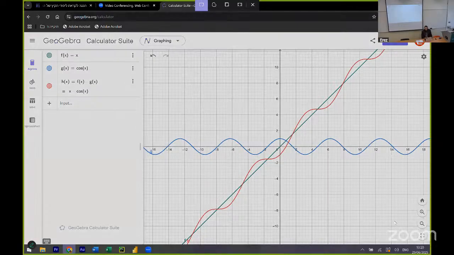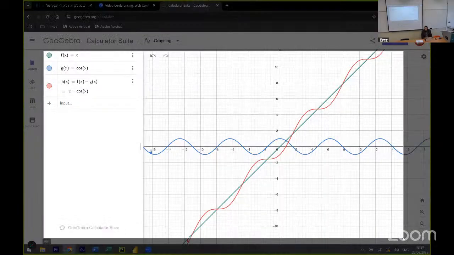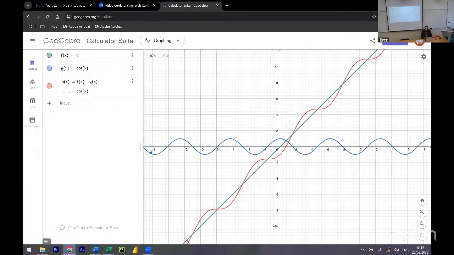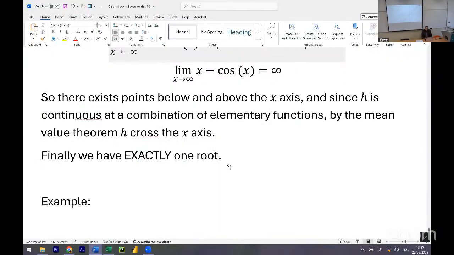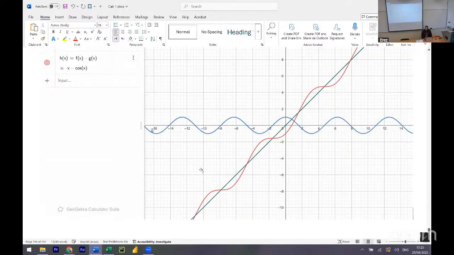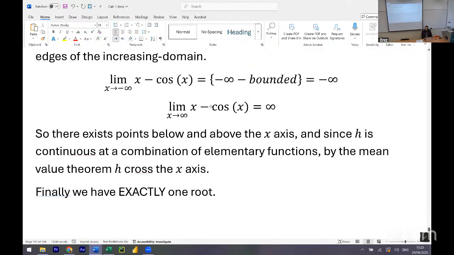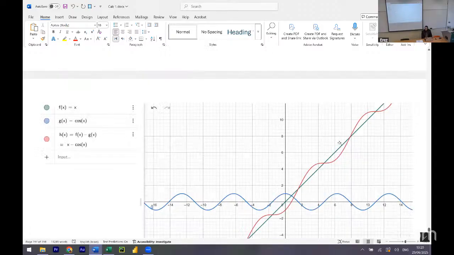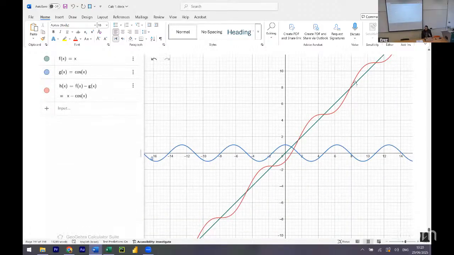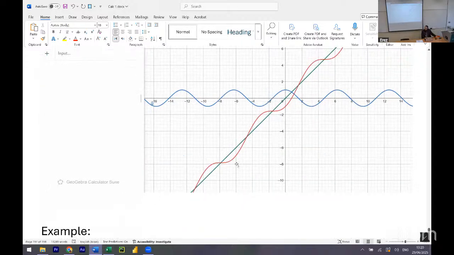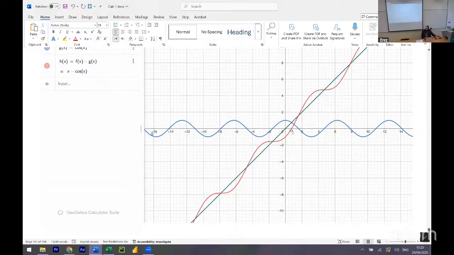We didn't need the graph and we didn't use it at all, but we did study it without using it. When we calculated the limits of h, we calculated the limits of the red line: infinity on the right and negative infinity on the left. Therefore, it must cross the x-axis once. Using the derivative, we found out that the red line is monotonically increasing.